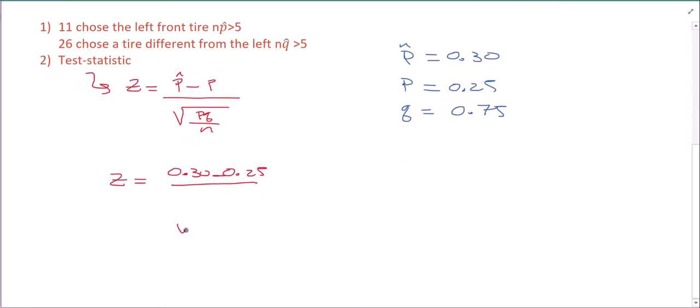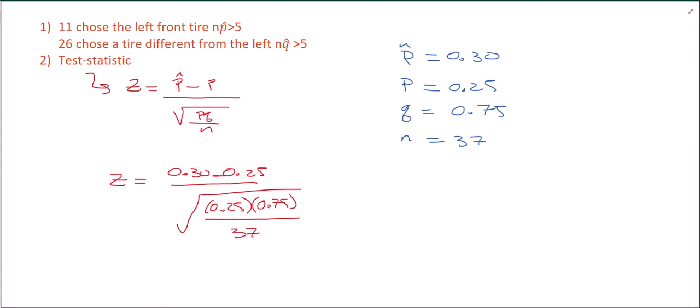So I'm going to have the square root of 0.25 times 0.75 over n. The size of our sample was 37. Should have included that in there. So when you're doing a test of significance, find your sample statistic, your population parameter, and then your q. If it's a proportion, then you need to find p and q, the probability of success, the probability of failure, and then the size of your sample.